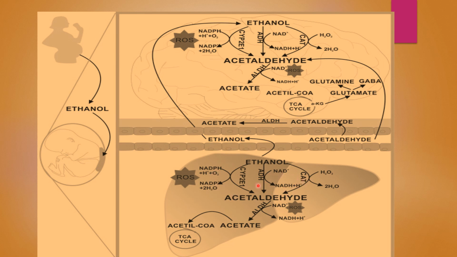The second enzyme system is the MEOS, the microsomal ethanol oxidizing system, which also contains an abundant amount of the cytochrome P450 system. One of the subfamily, cytochrome P2E1, is very much involved in ethanol metabolism.